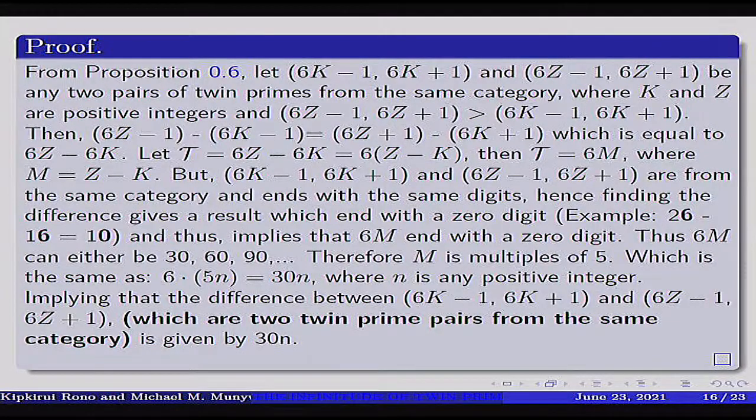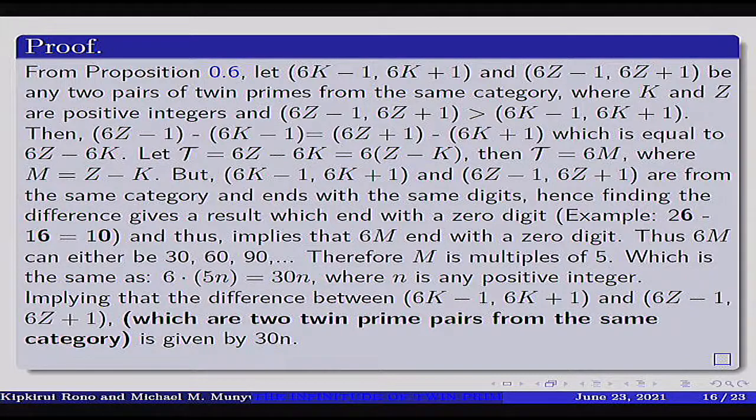From our first proposition, let 6k minus 1 and 6k plus 1, and another twin prime pair, 6z minus 1 and 6z plus 1, be any 2 pairs of twin primes from the same category. So what are we sure of?